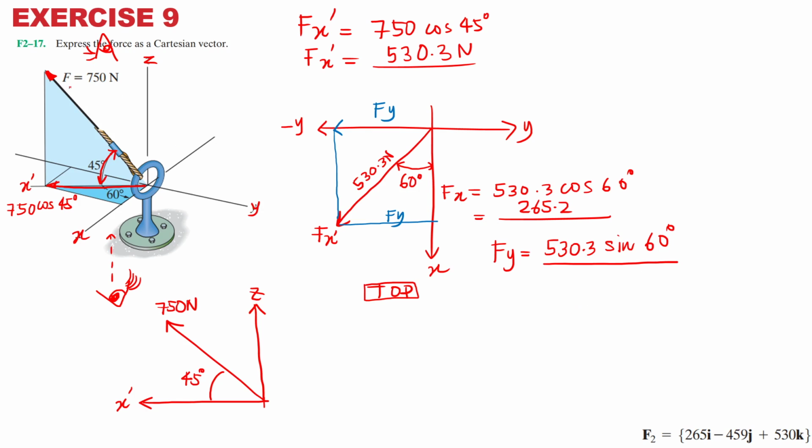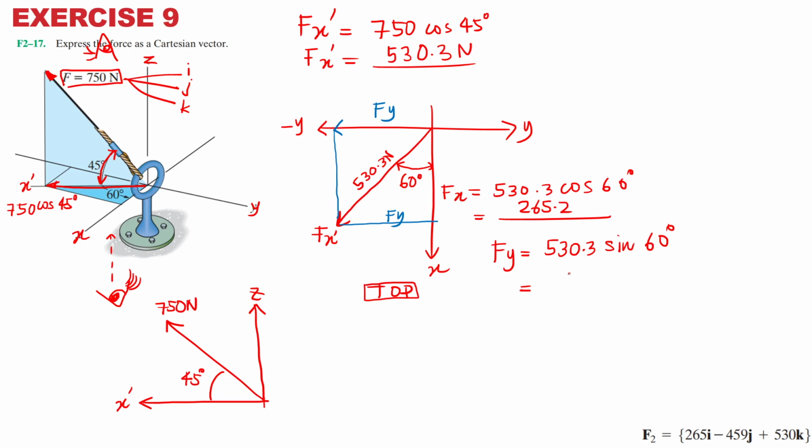From this 750 Newton, you need to break it into three components, I, J, K. So this is not finished yet. You have to solve this one first. I haven't written it down.